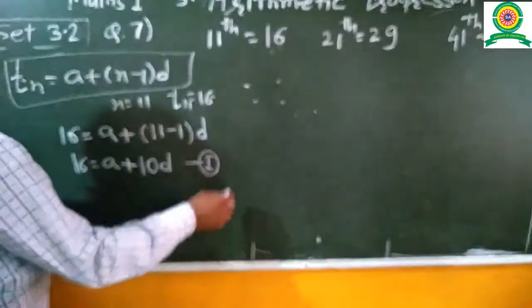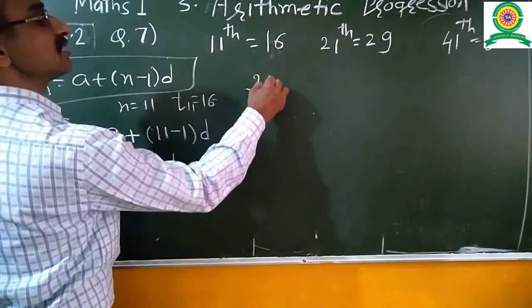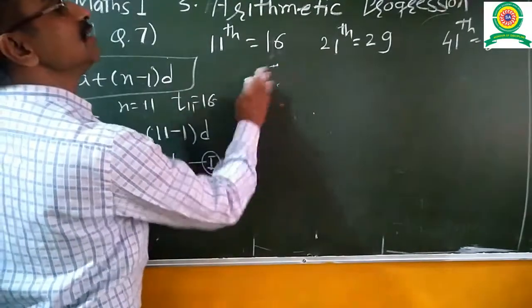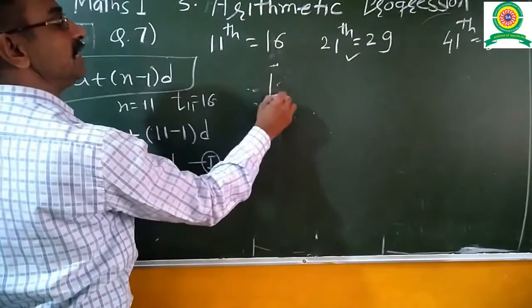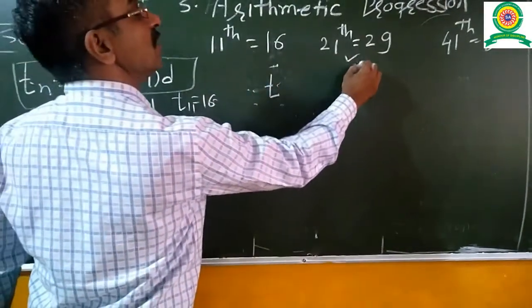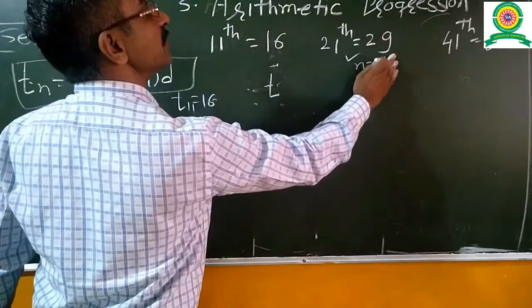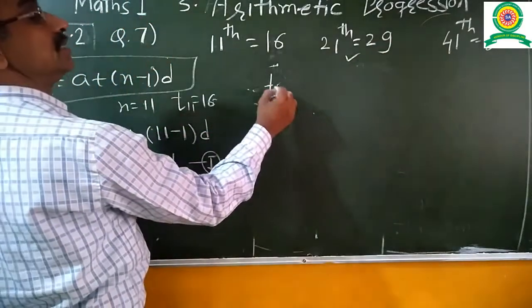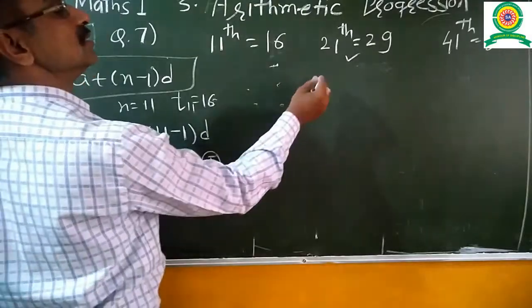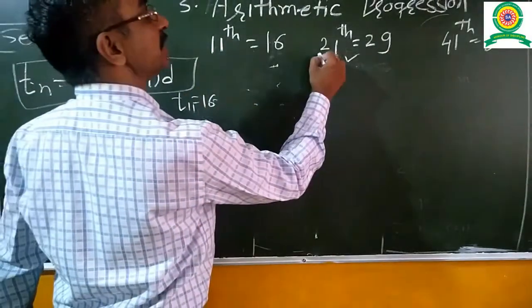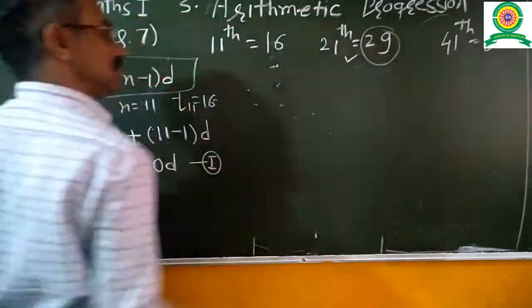Then the 21st term is given. What is that? 29. So again by using this formula, T21 value is what here? 29.